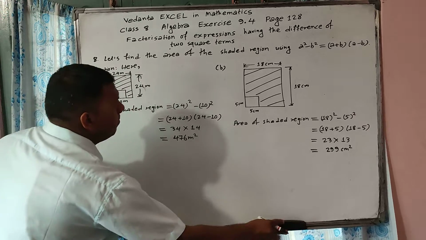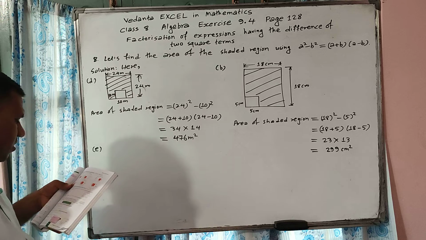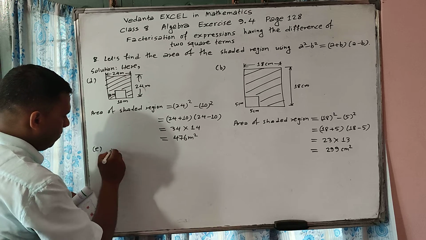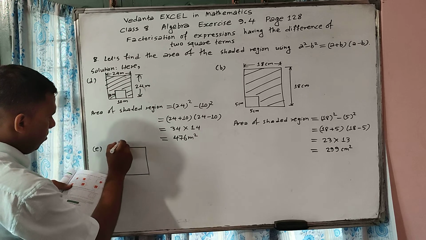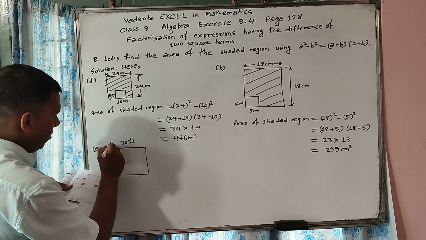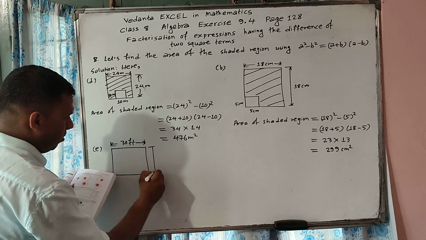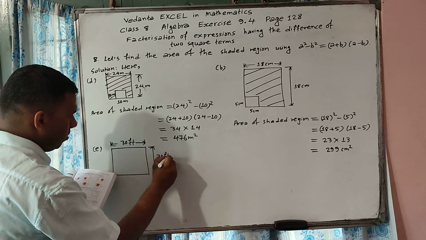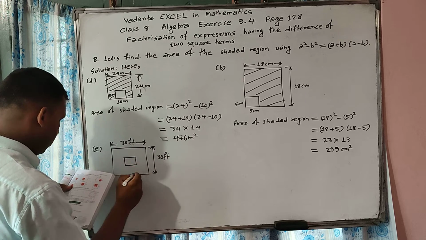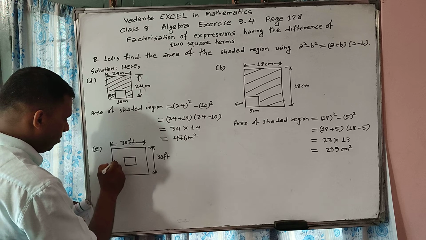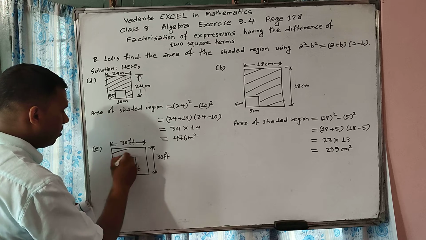Now for E, 30 feet, 12 feet. Side of the square is 30 feet by 30 feet. For a small square, the side is 12 feet, 12 feet, 12 feet. This is the shaded region.